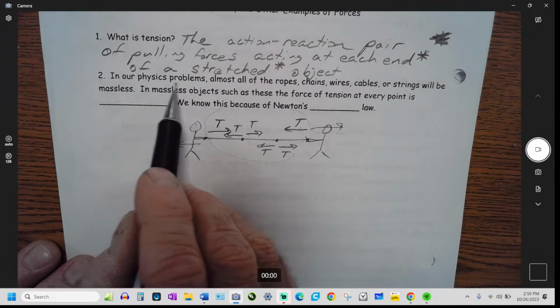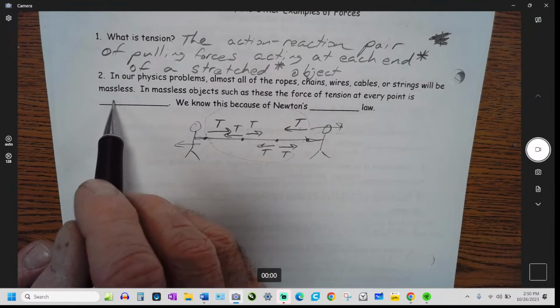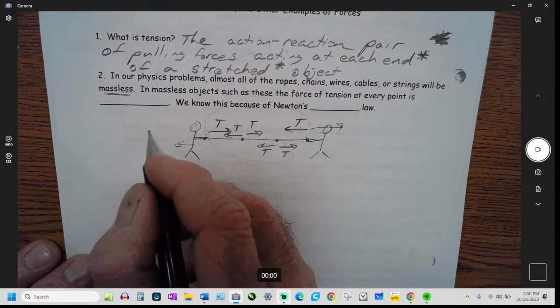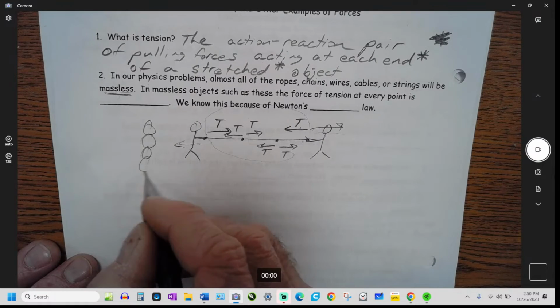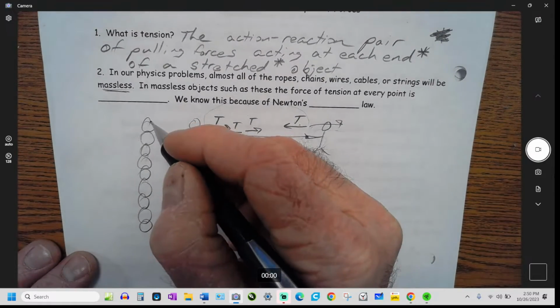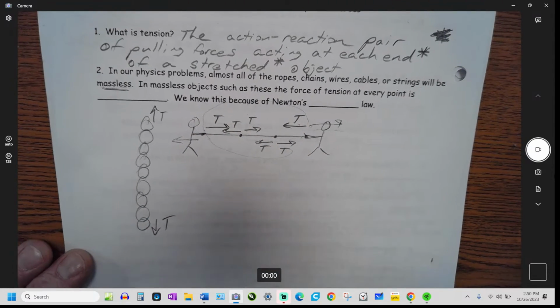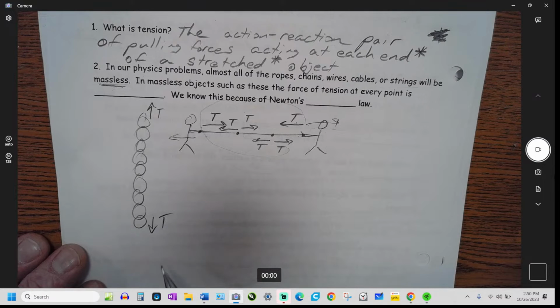Now, this next part in our physics problems, almost all ropes, chains, wires, cables, strings will be massless. And it's because of this. If you have a chain like this, and you measure the tension in the chain pulling there, and the tension in the chain pulling there, where's it going to be stronger? The bottom or the top?